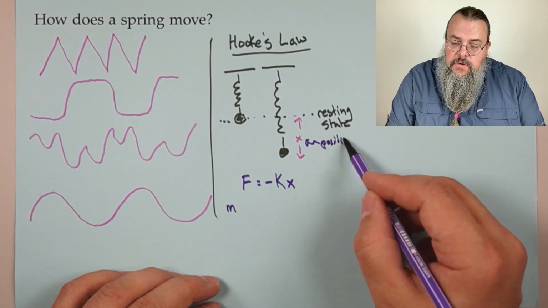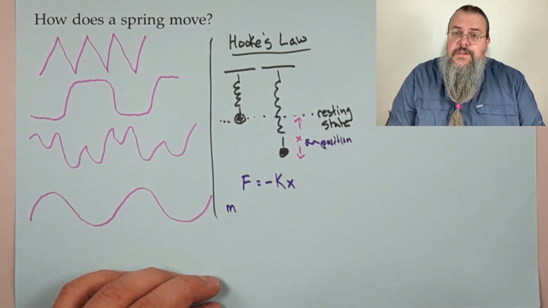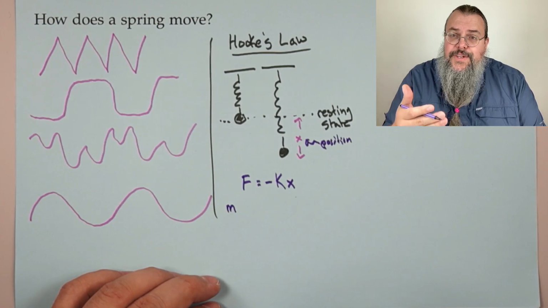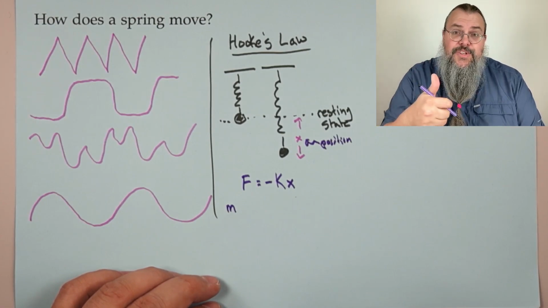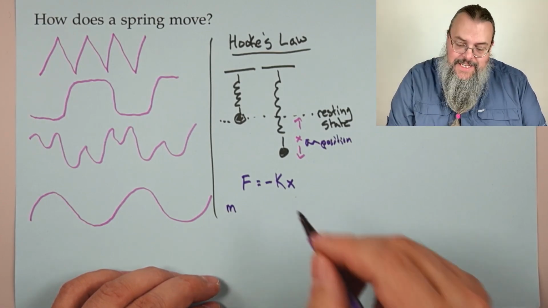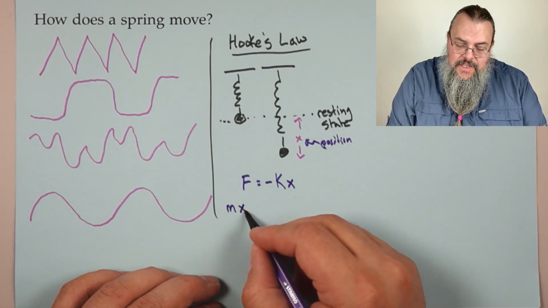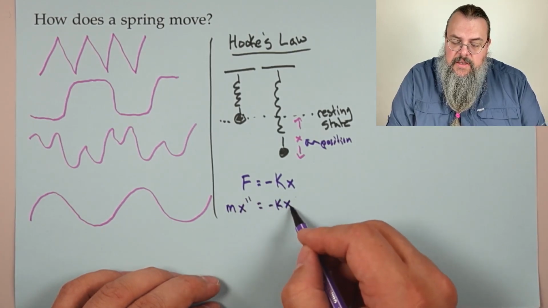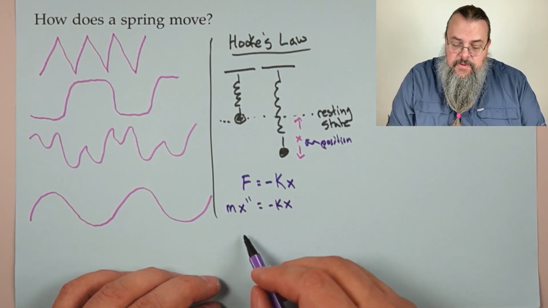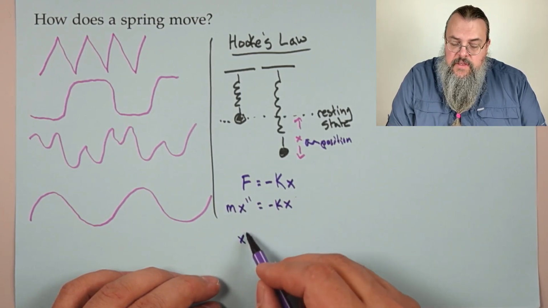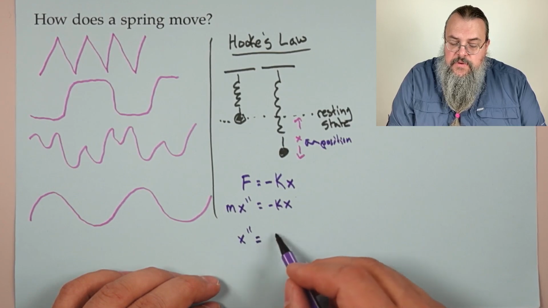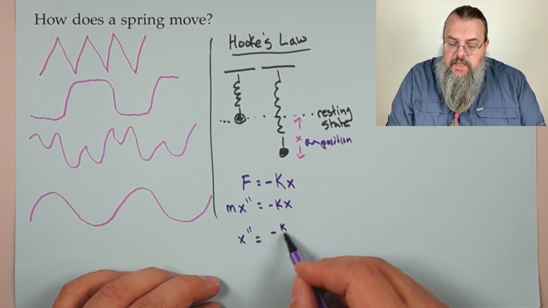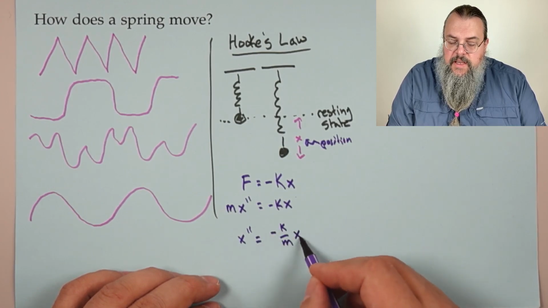All right, well, if x is position, what's acceleration? The first derivative of position is velocity, so the second derivative is acceleration. So mx double prime equals minus kx. Or, just to simplify, we have that x double prime is equal to minus k over m times x.